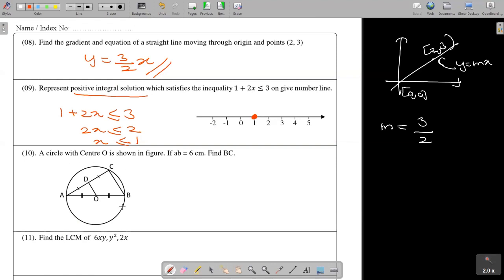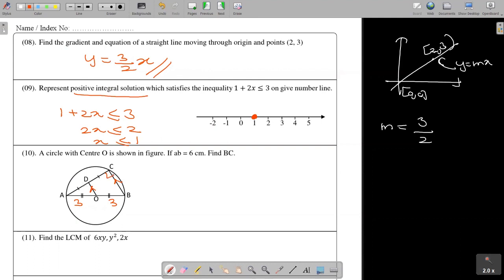A circle with center O is shown in the figure. If AB equals 6 centimeters, then this is 3, this is 3. Find BC. So they are asking to find BC. This is parallel, this is parallel.